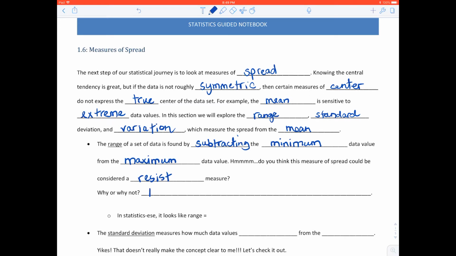No, right? Because why? This one would be really sensitive, since it uses the max and min values. So very sensitive to extreme values, because wouldn't an extreme value be a max or a min if you had them? All right. So I'll just say outliers here.